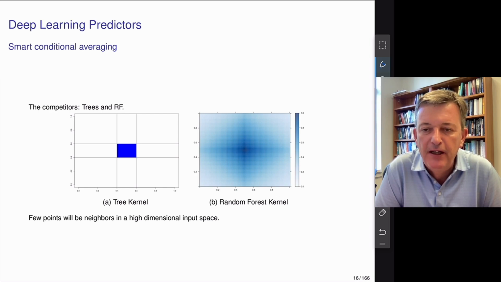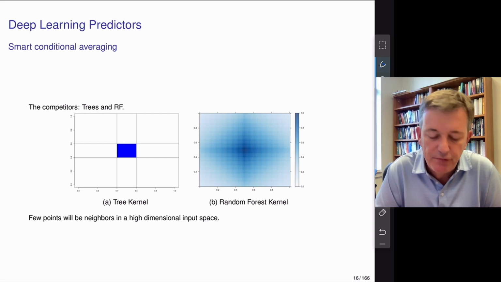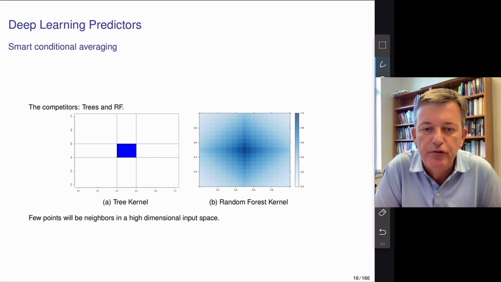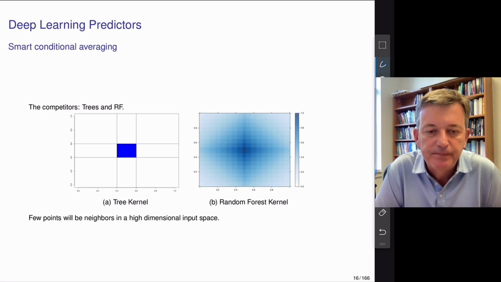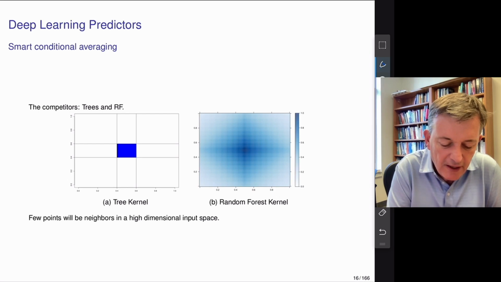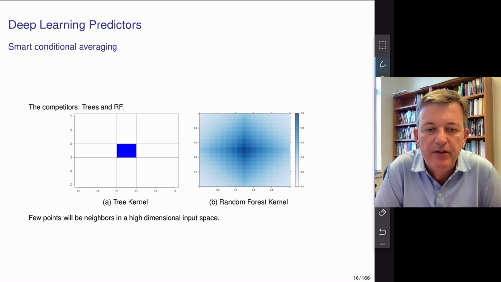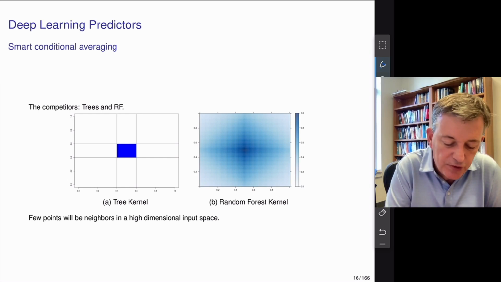Let me just give you a little bit of an idea of what it looks like in high dimensional space. So really the competitors to deep learners are things called trees and something called random forest. Random forest is really just a combination of trees. So it looks like a blurred version of the tree. So remember, in a tree, I'm just cutting the X space up into little what's known as cylinder sets, so into little squares.